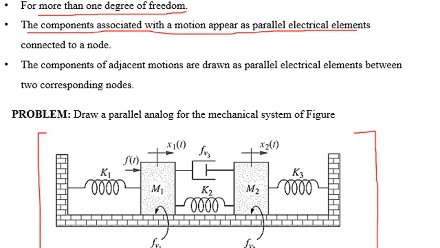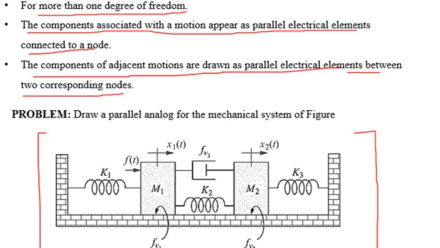Components which are associated with a motion appear as parallel elements connected to a node. Components of adjacent motion are drawn as parallel electrical elements corresponding to two nodes.